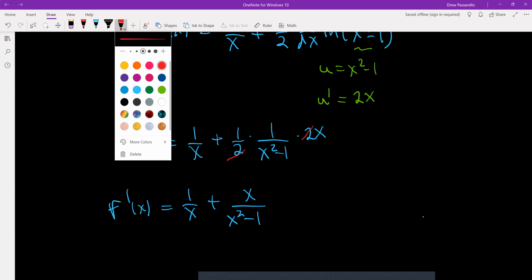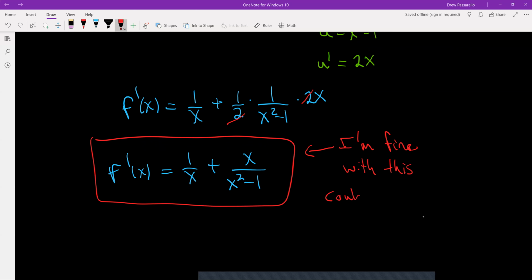You could try to combine it into one fraction. Let me see if the textbook does that.